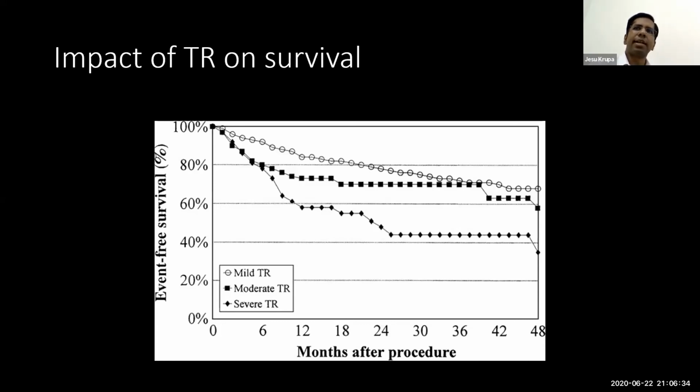As TR increases, the survival also reduces. So that is what we are beginning to understand these days. And hence, whether it is for BMV or whatever the procedure might be, especially if it involves a mitral valve, pay adequate attention to the tricuspid valve and also try to measure the annulus carefully.